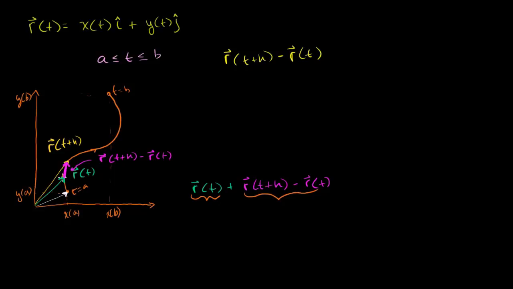So this is the first vector, and then I put the tail of the second there. And then the sum of those two, as we predicted, should be equal to r of t plus h. And we see that is the case. Even algebraically, you would see that this guy and that guy are going to cancel out. So hopefully that satisfies you.